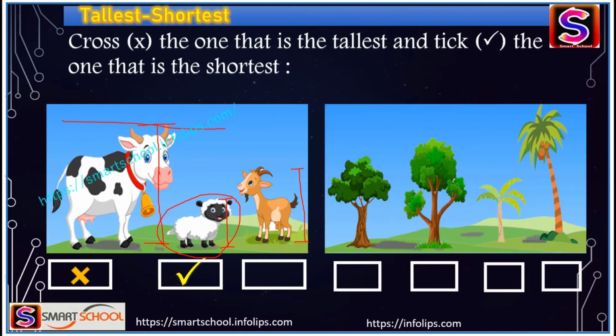Let's see one more example. See, there are four objects, four trees. This first tree has this much height. The second one is a little bit bigger than that. The third one is again less than the first two, and the fourth one is so high.